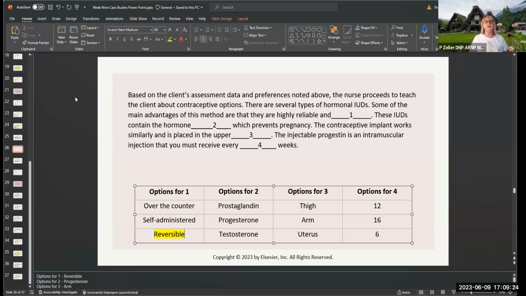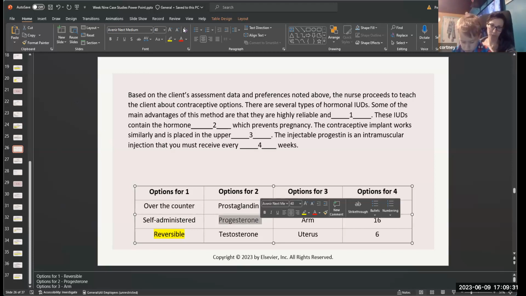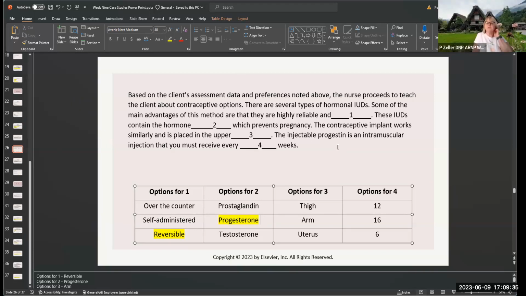Okay, so they do contain the hormone progesterone, which prevents pregnancy. Okay, the contraceptive implant goes right here, in the upper arm.